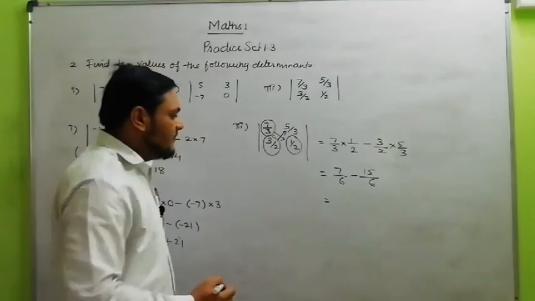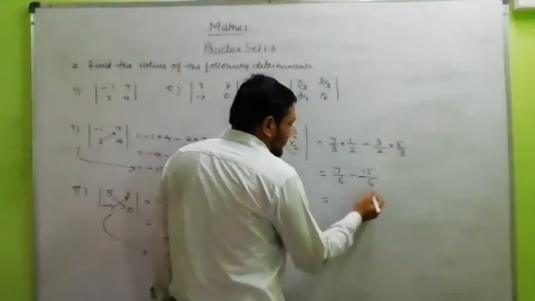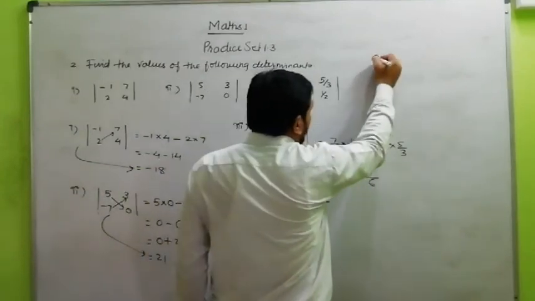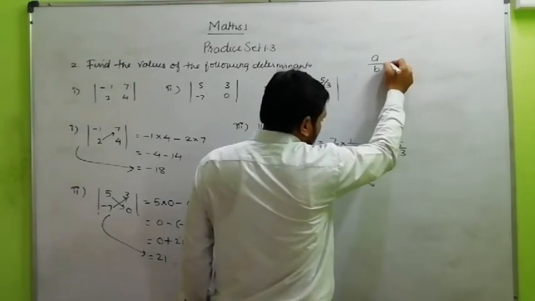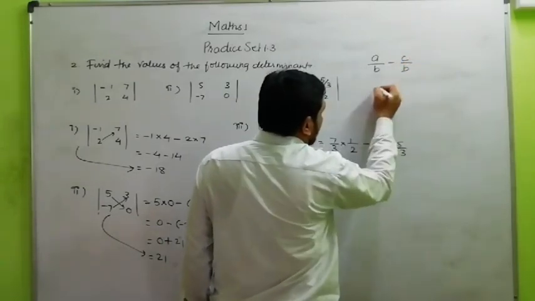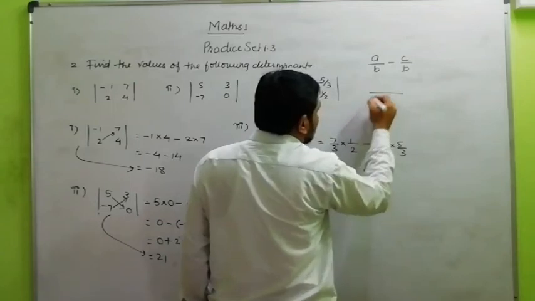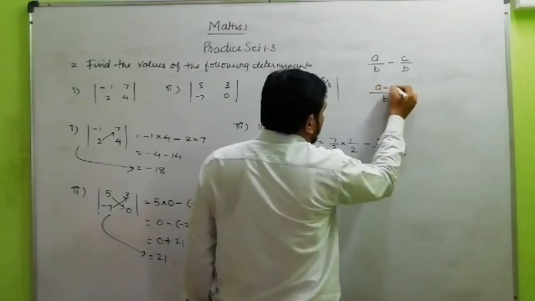Here the denominators are common, so we have one formula: if a upon b minus c upon b, when denominators are common, we take the denominator b common and subtract the numerators, that is a minus c.